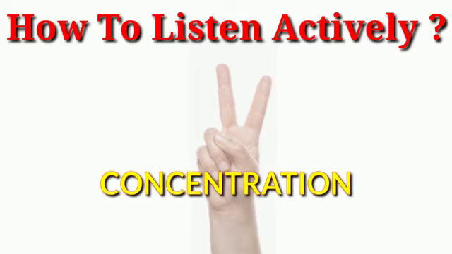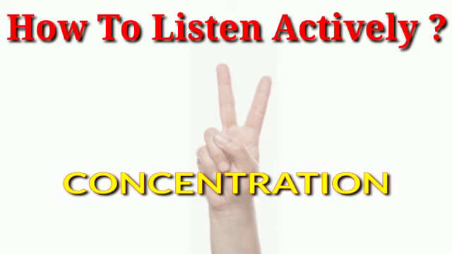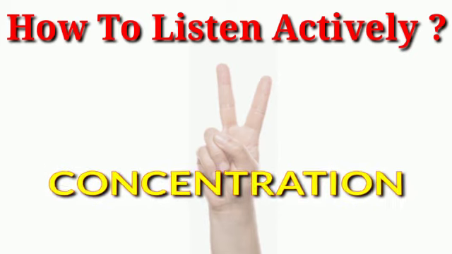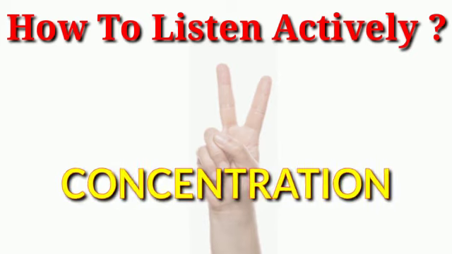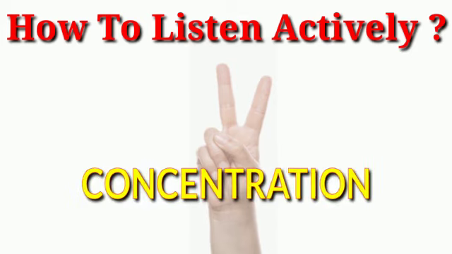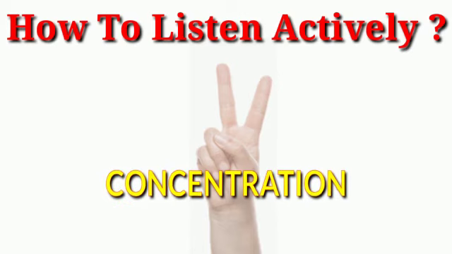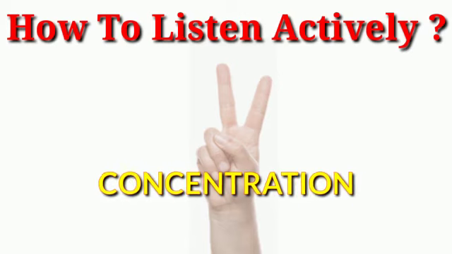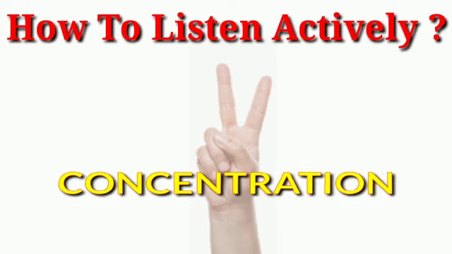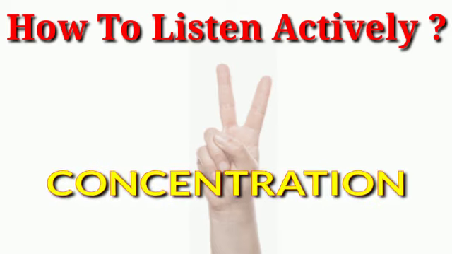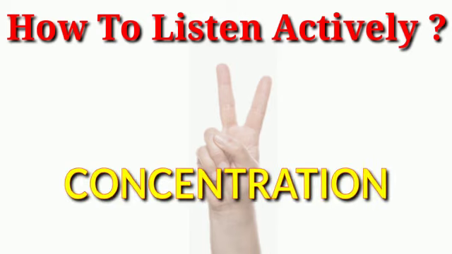Sometimes while listening, we listen to incomplete information. That means we do not concentrate on each and every matter said to us. Thus, we have incomplete information about the matter, which may create confusion and misunderstanding. So we should concentrate deeply and completely, taking care of getting no single point of the conversation missed.